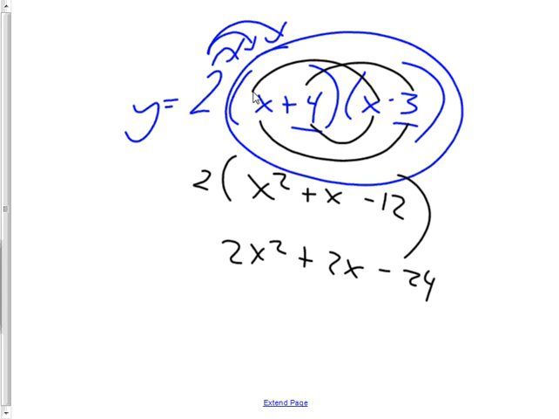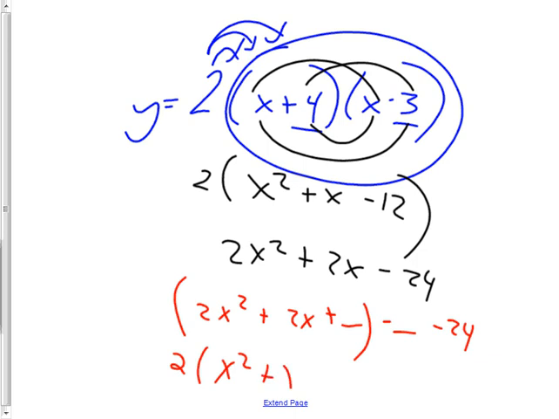Now I gotta factor that 2 back out again because I'm now gonna start into that complete square deal. 2x squared plus 2x plus a line minus a line minus 24, and then factor out this perfect square part. Factor 2 out to the front, x squared plus x plus a line minus a line minus 24.